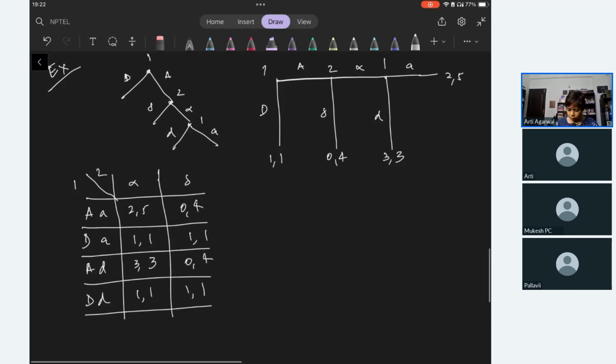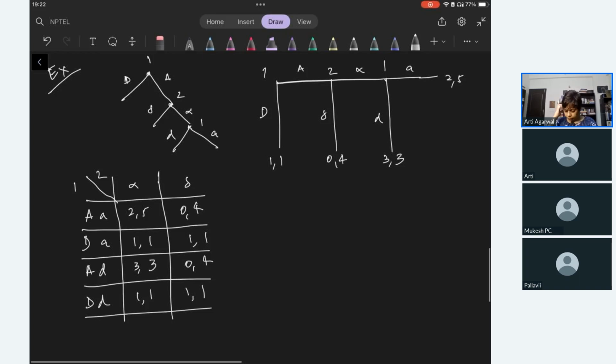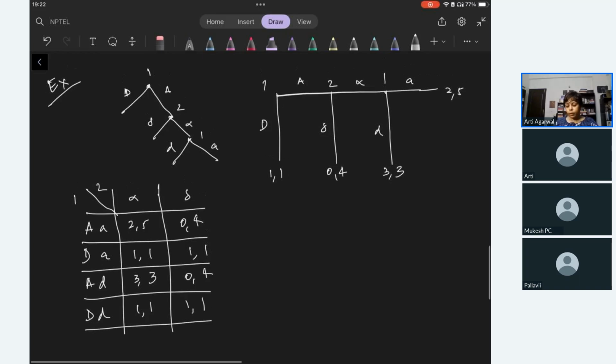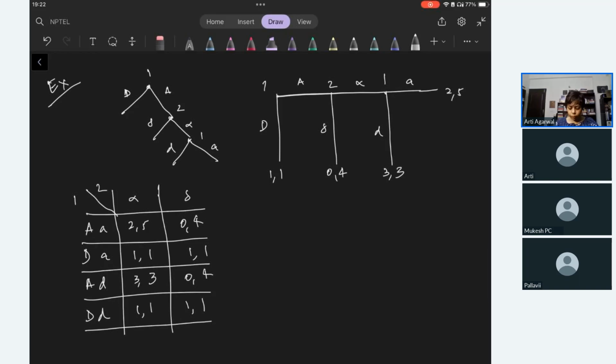No, I think I have got it wrong. Oh, no, no, it's correct. Yeah, I was just checking if I made a mistake somewhere. Yeah. Okay, so because delta is played, the rest of the subgame is not played. So we enter the numbers like this.